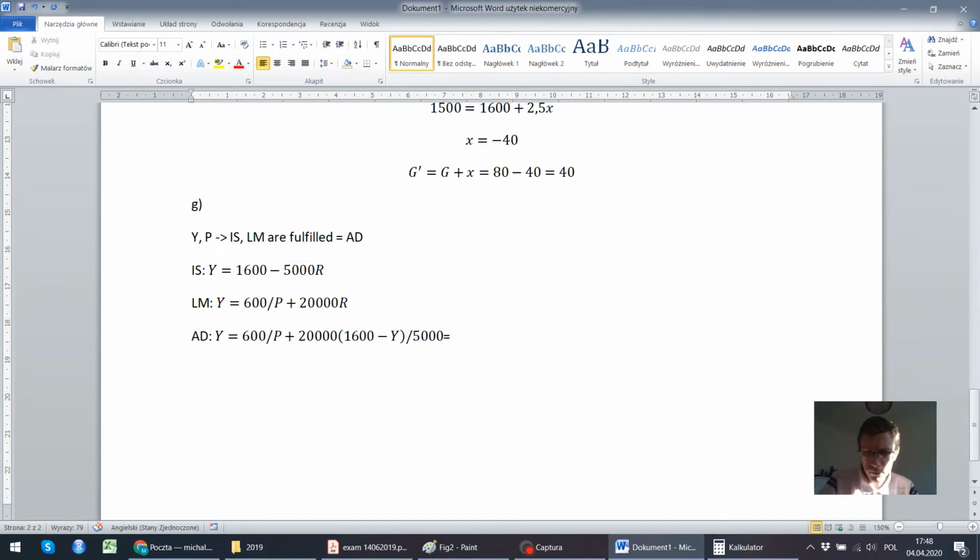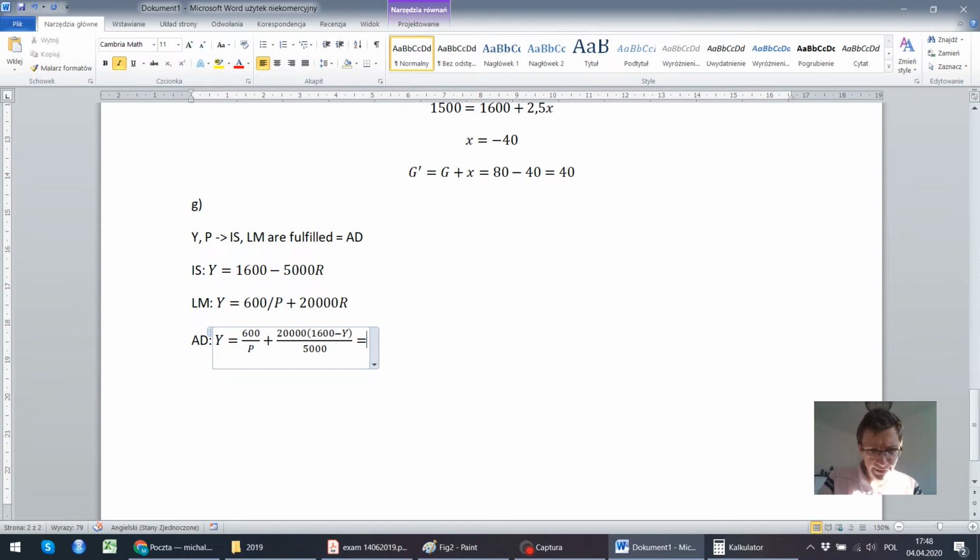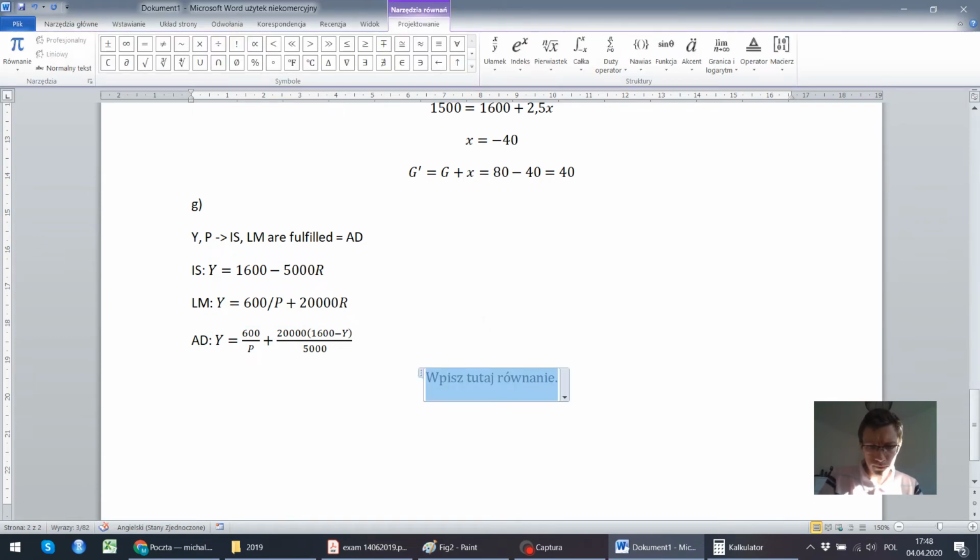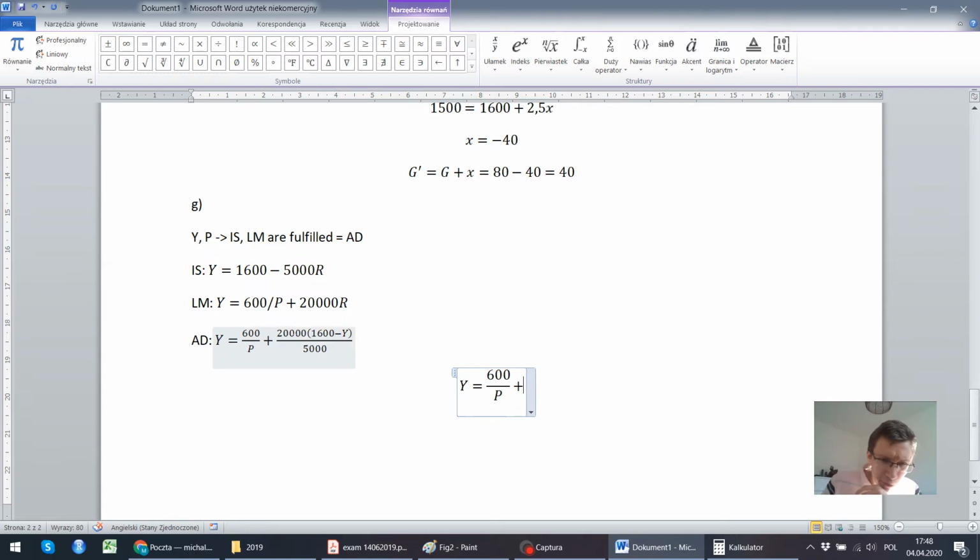So let's rewrite this so that the AD curve is y equal to 600 over p, plus 20,000 over 5,000, which is 4.